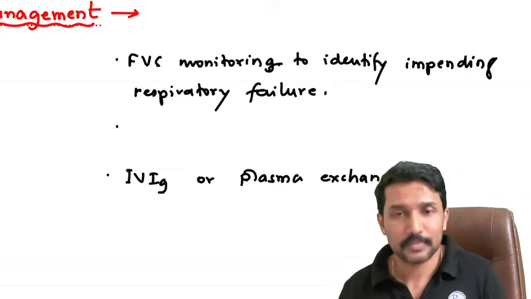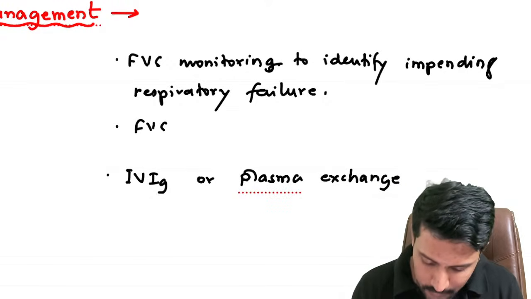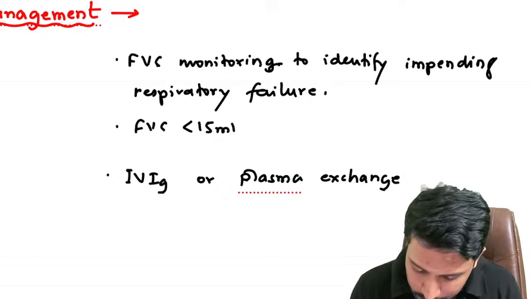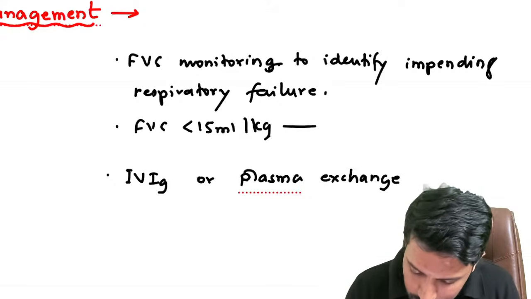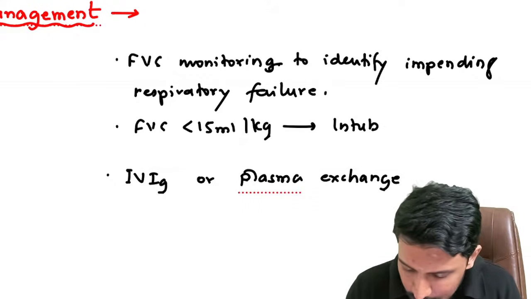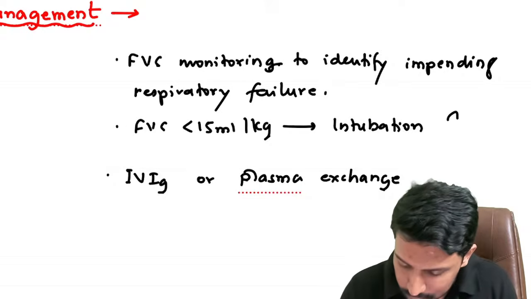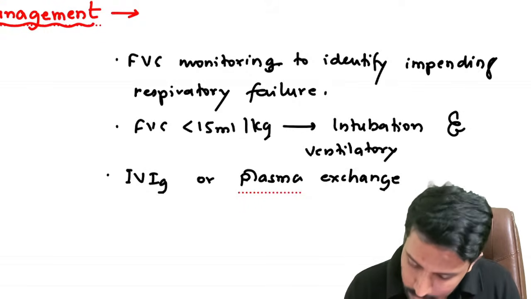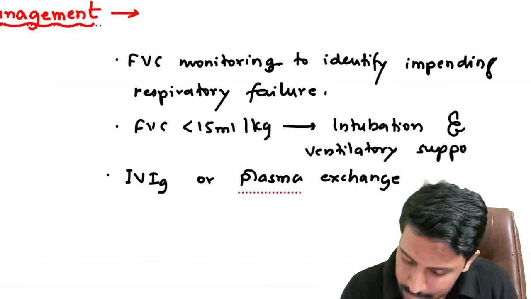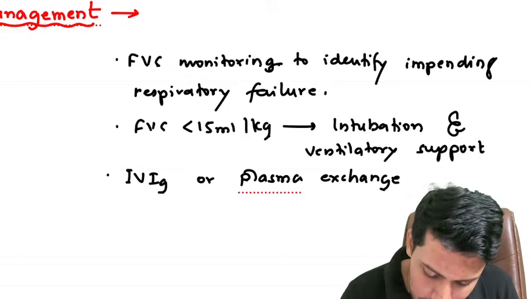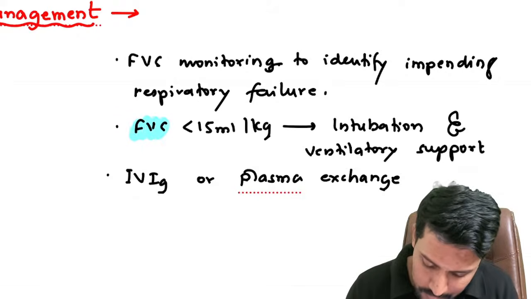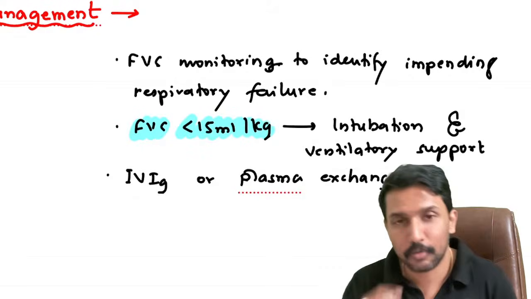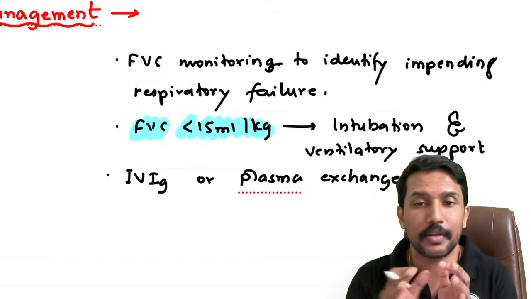And then the rule is, if FVC is less than 15 ml per kg, intubation and ventilatory support is recommended. This is again something they might ask you during your viva or bedside discussion. If you're monitoring FVC, when do you consider intubation?